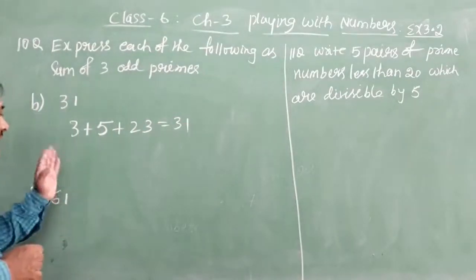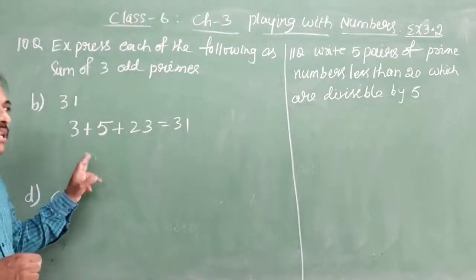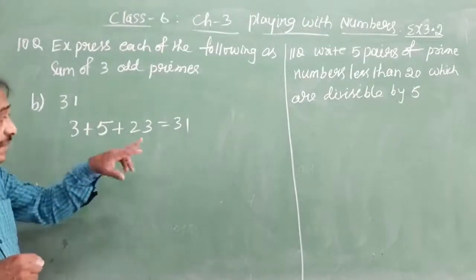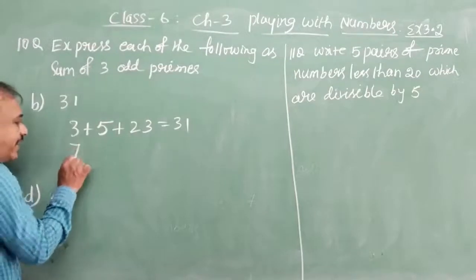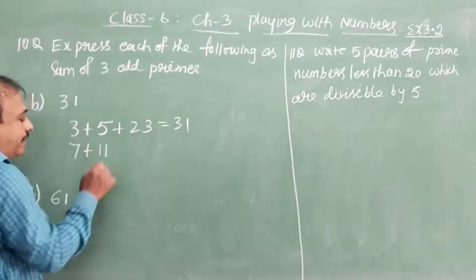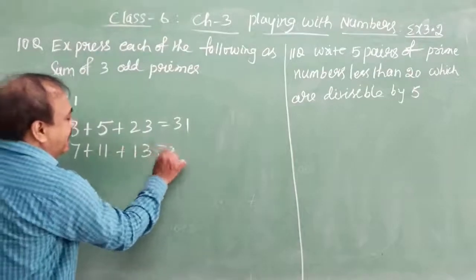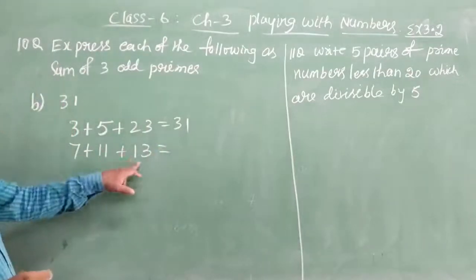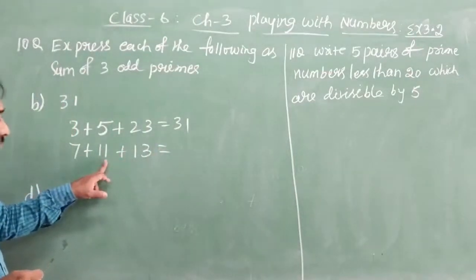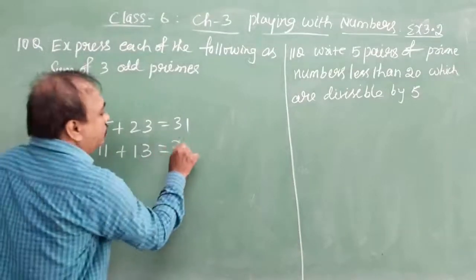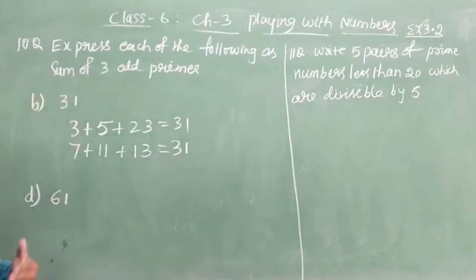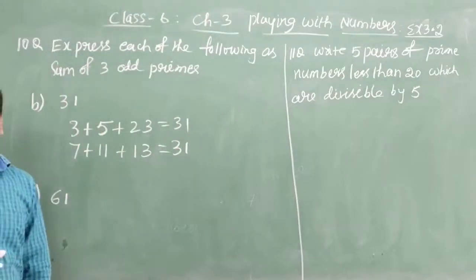You can take 7 plus 11, which is 18, and 18 plus 13 gives 31. You can write many possibilities; he is asking for at least one example.